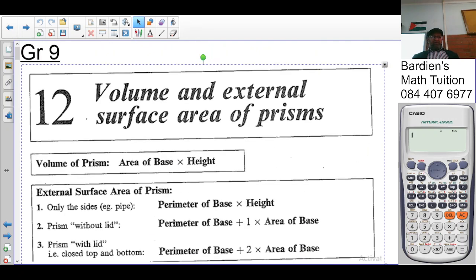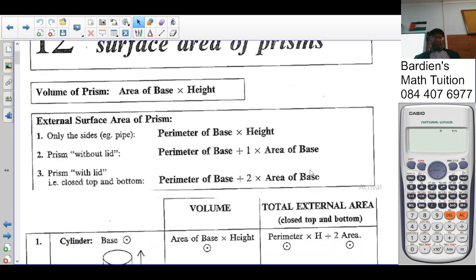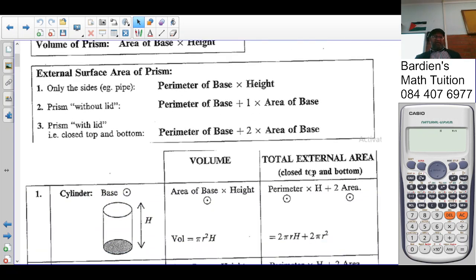So we are told that the volume of a prism is equal to area of base times height. That's what we're writing up and down when we're working out the volume. And the external surface area of a prism, if we're looking at the perimeter of the base times the height, then that only covers the sides.